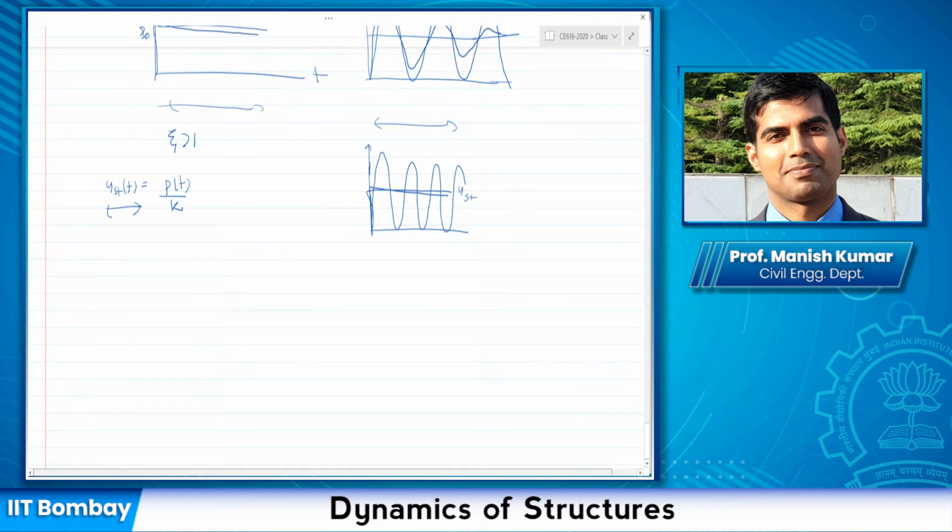So there is no resonance in this case, except for one case we will see later, where we have a half sine pulse. A half sine pulse still has some period, and if that matches, then resonance can occur. Apart from that, for arbitrary excitation, we don't see any kind of resonance.